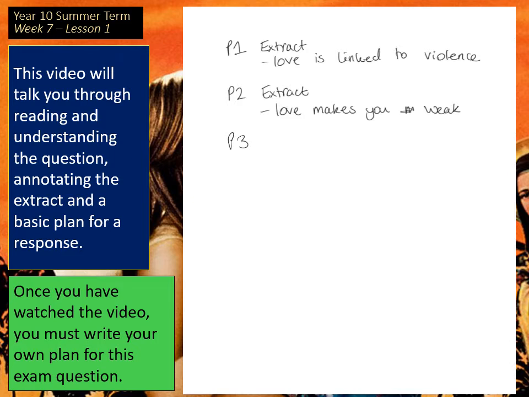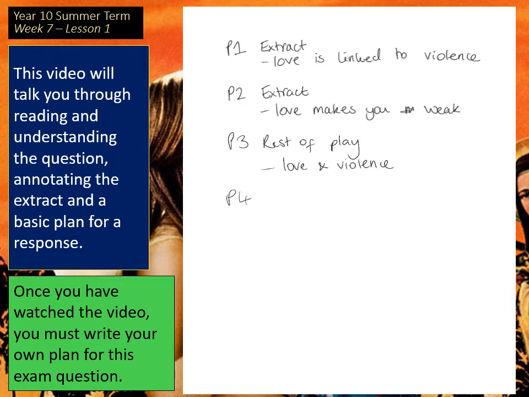So my third paragraph might be about the rest of the play, about love and violence, and I might make the point that Mercutio says, love is rough with you, be rough with love.